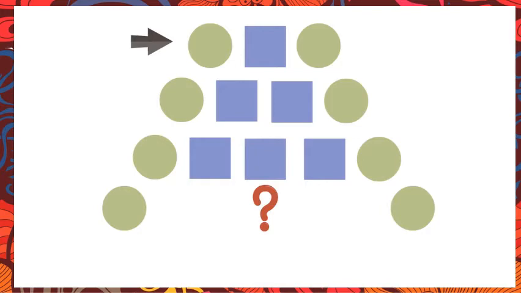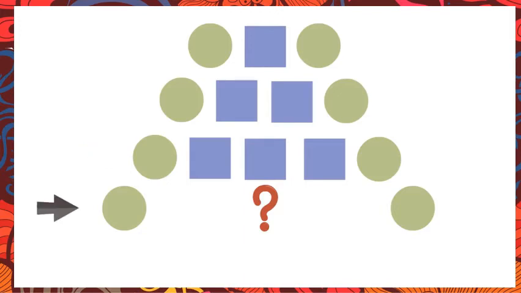It's almost like a blue square sandwich. The second line is similar to the first, except there are 2 squares in between the green circles instead of just 1. This third line is just like the second line, except there are 3 blue squares in between the green circles instead of 2. Notice a pattern?